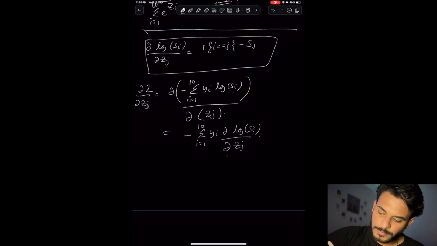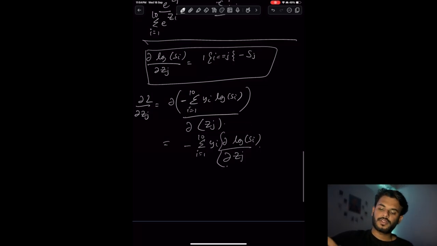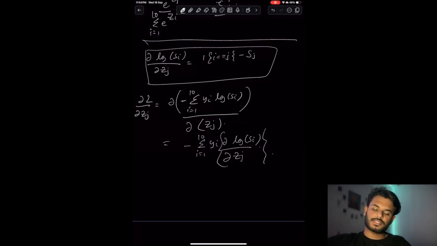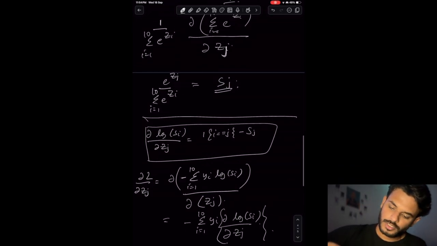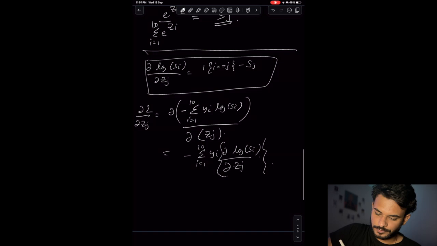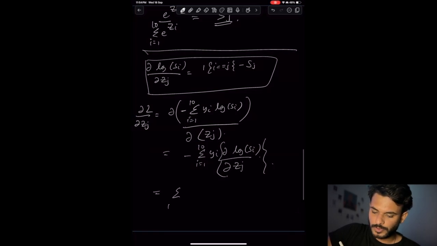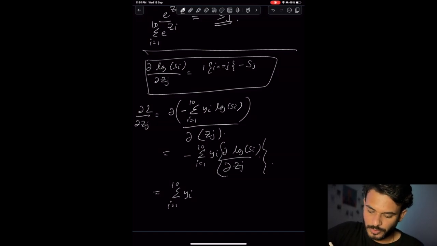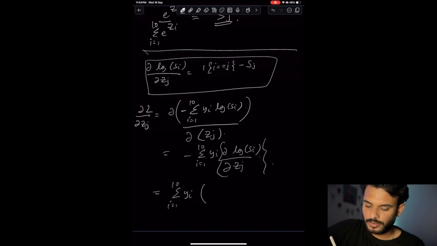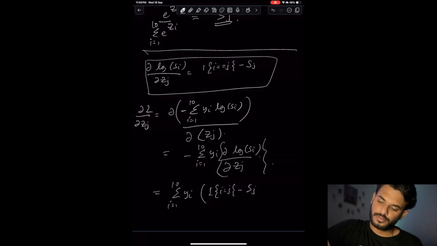Now we know what this particular thing is. It is 1, so this simply becomes summation i is equal to 1 till 10 yi, and then this will become your 1 if i is exactly equal to j, minus sj.